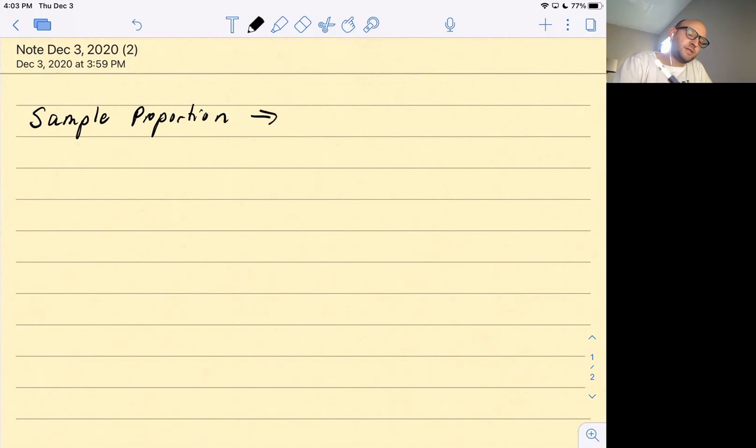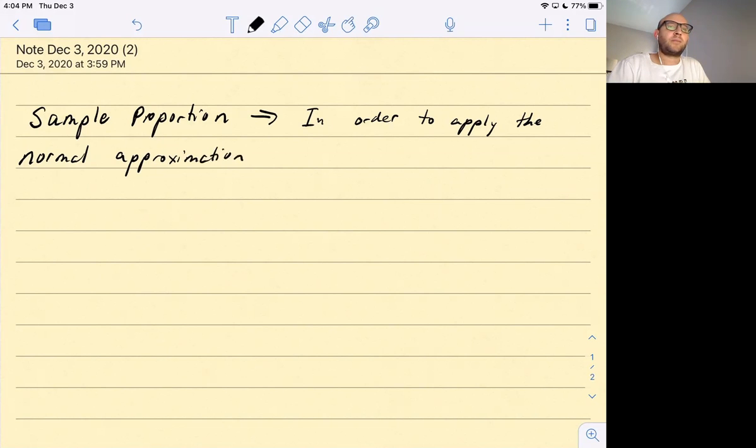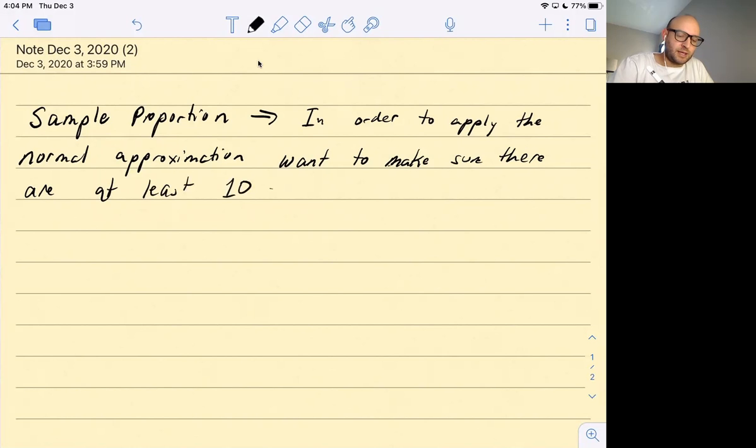The theory says that in order to apply a normal approximation using the central limit theorem, we want to make sure that in our sample there are at least 10 yeses and 10 no's in the entire population.